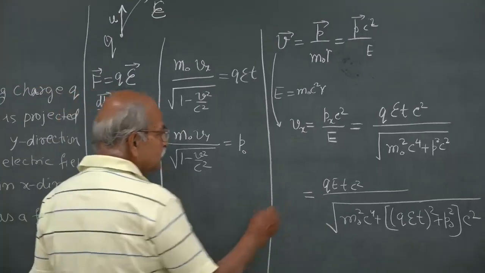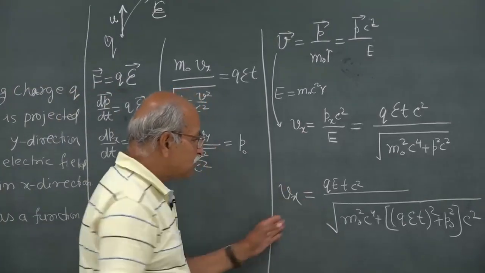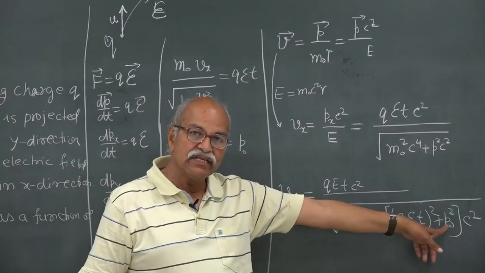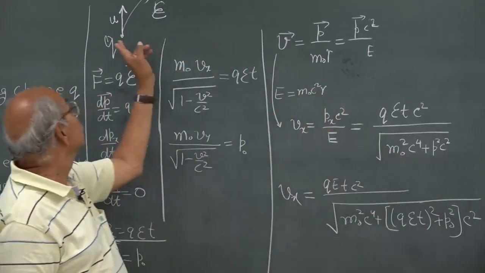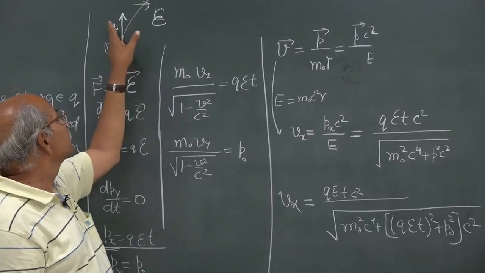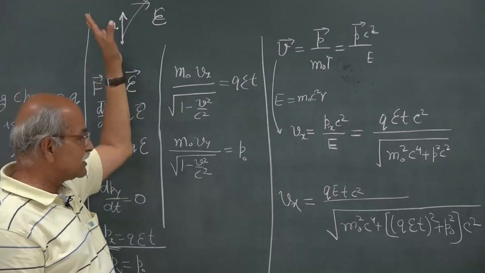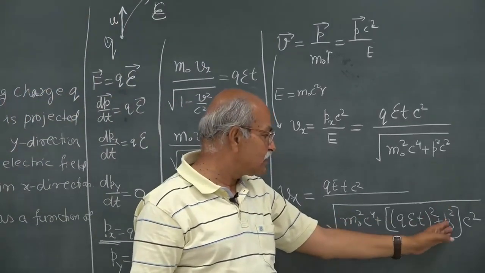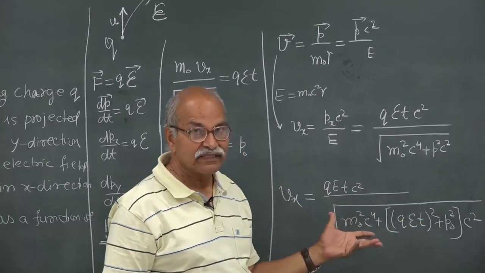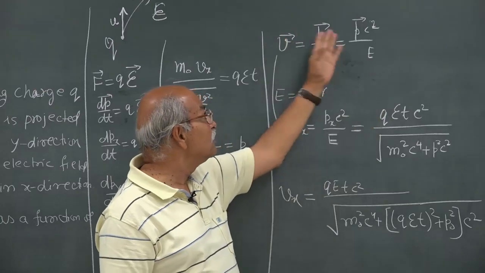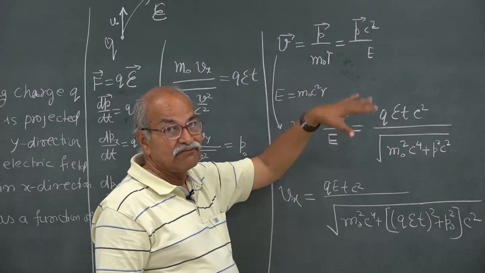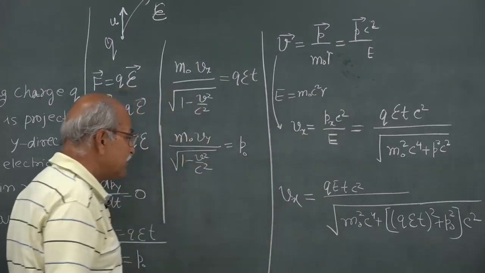So, we have gotten Vx as a function of time, because p naught is constant, we know it. This is the initial momentum, m times u divided by square root 1 minus v square by c square. These are all known quantities. So, this is a very powerful, simple relation which can be used to get velocities in a very simple fashion.